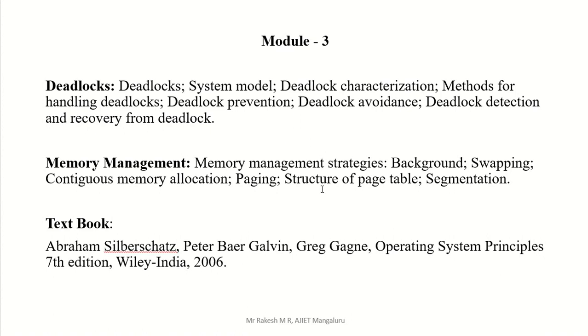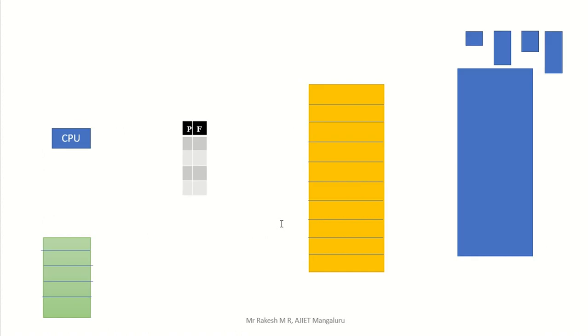Before going to the structure of the page table and segmentation concept, we will go briefly over paging again. We already discussed that in the previous video lecture, but we are going over that concept in brief. Here we have the CPU. The CPU asks for a process for execution, that means a process present in main memory is sent to the CPU for execution.